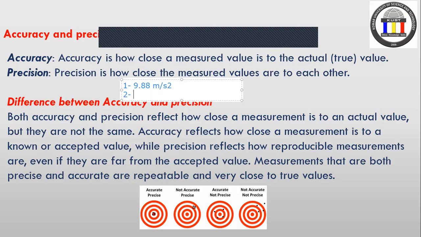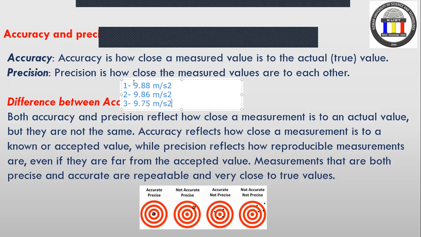Then you do the measurement again and find 9.86 meters per second squared. Then you do it again and find 9.75 meters per second squared. That means you are precise in terms of the measurement. Your measurements are close to each other.